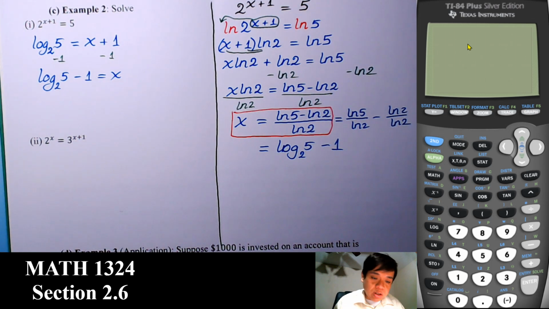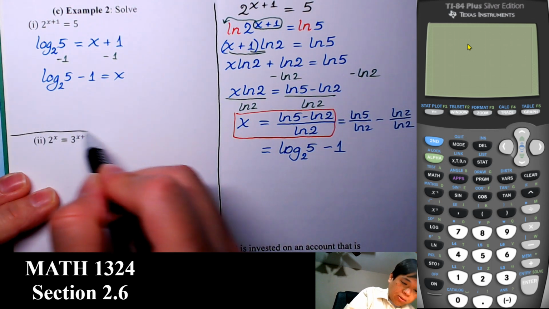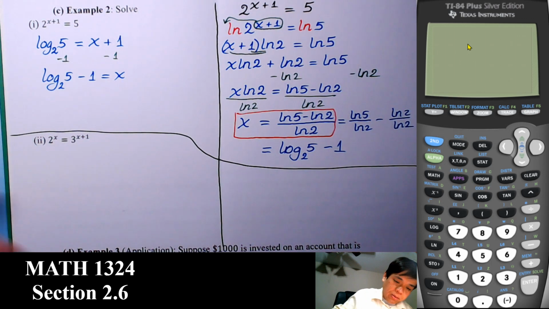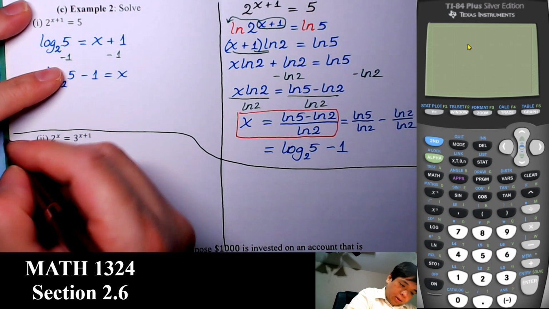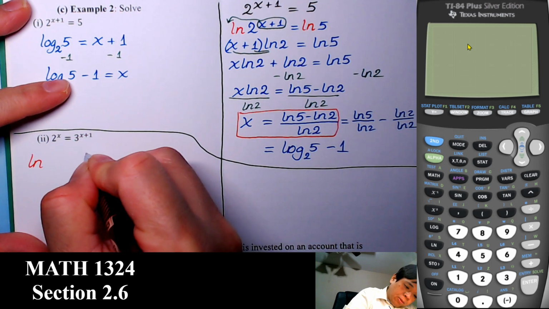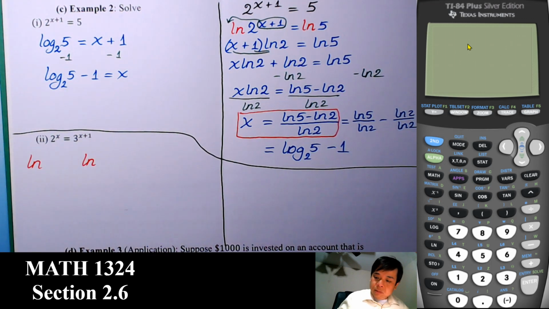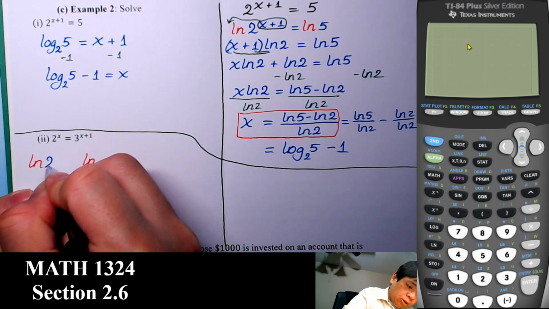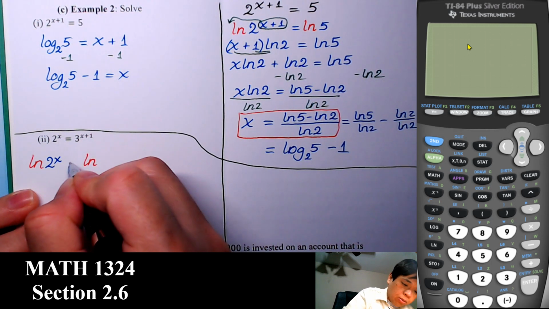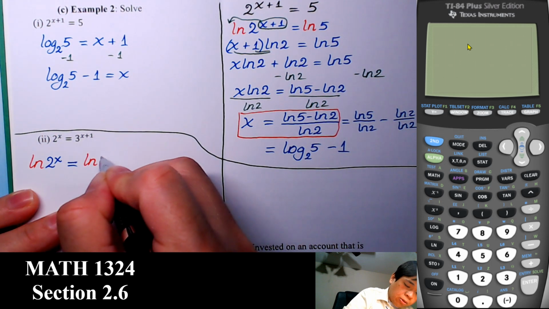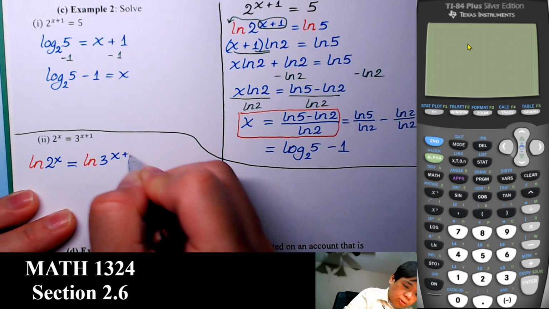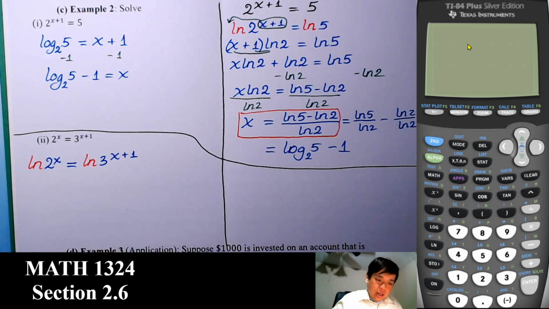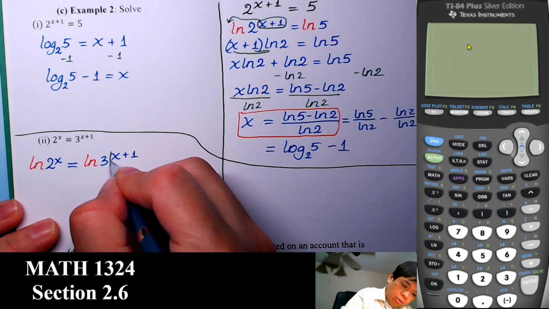Take ln on both sides. Then we can take the exponent outside.